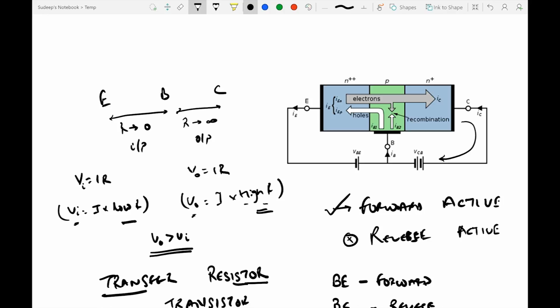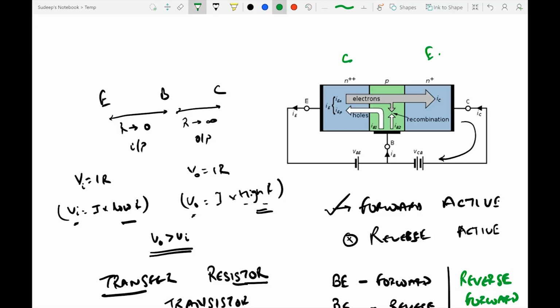The reverse active mode is similar. It's just that the collector, we try and bias it the other way around by making the base emitter junction reverse biased, and the base collector region forward biased, which practically means we are using the collector as the emitter and the emitter as the collector.